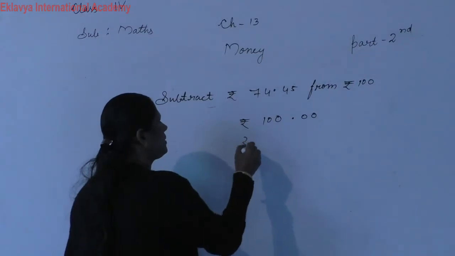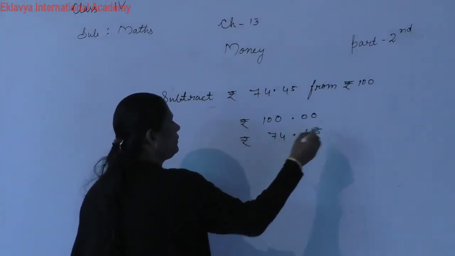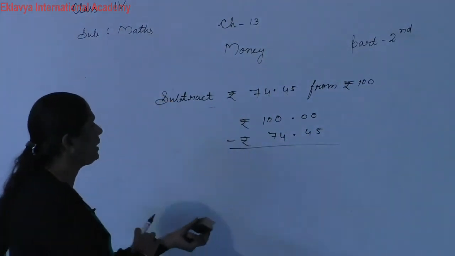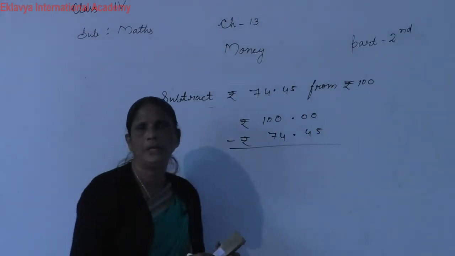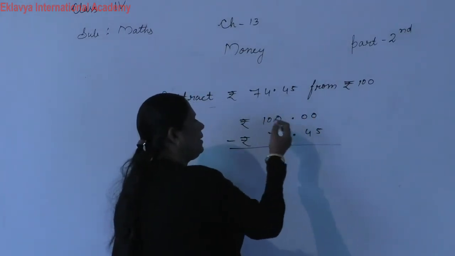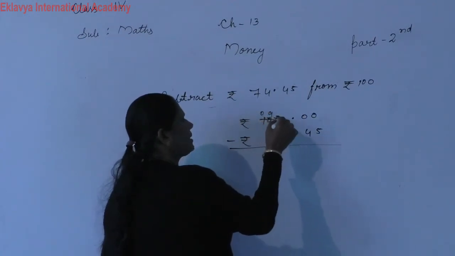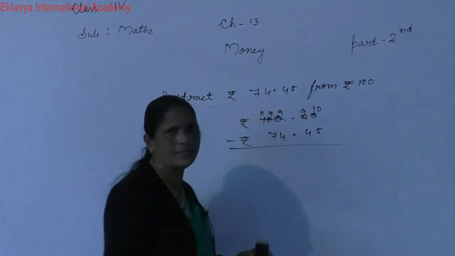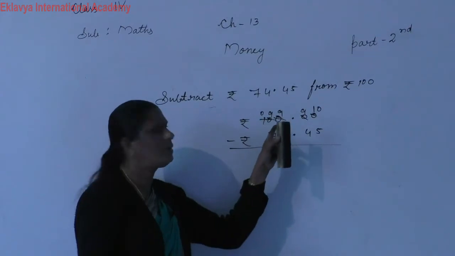Then rupees 74.45. Now subtract. 5 take away from 0, is this possible? No. We take a borrow. Here there is 0, here also 0, here also 0.